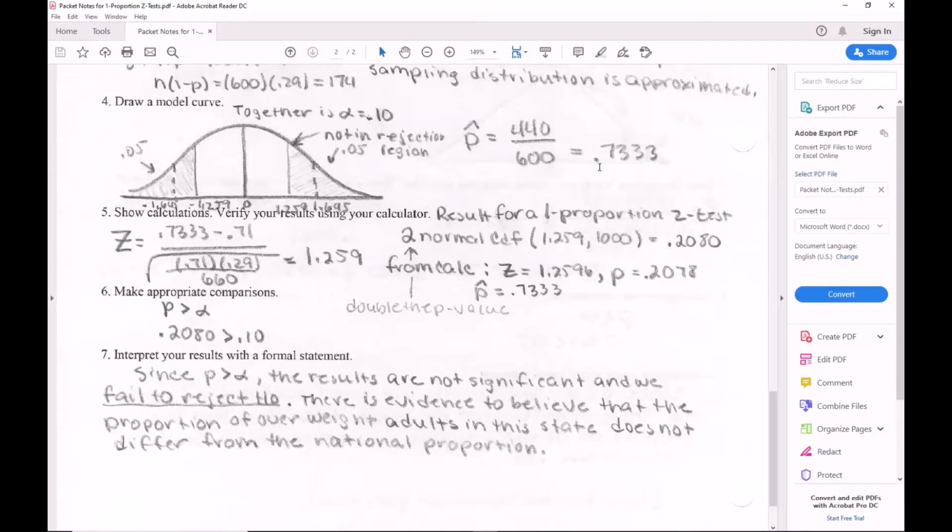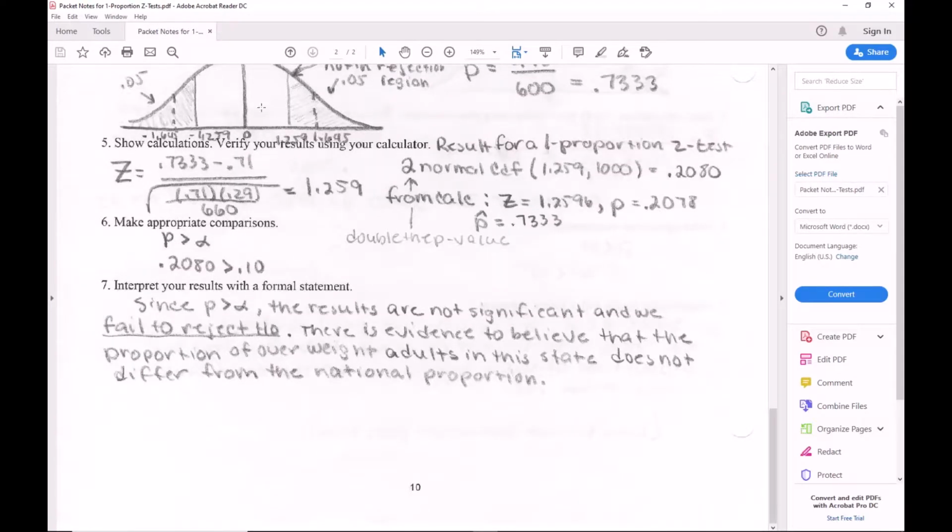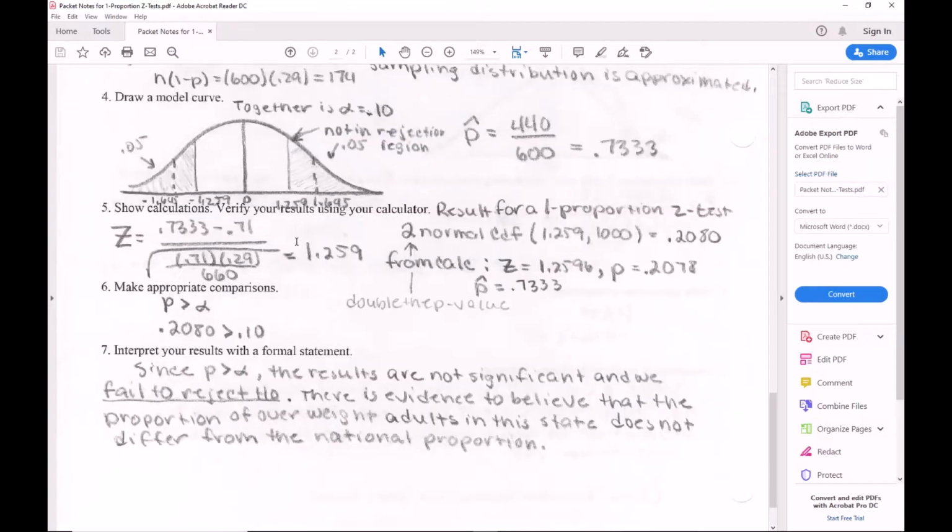Here's P hat, 0.7333. Okay, so I'll come back to the drawing. Z is going to equal your sample estimate minus your P naught, divided by the square root of P naught times 1 minus P naught over N. So there it all is, and you get 1.259, which is not really extreme. So I'm going to put 1.259 here.